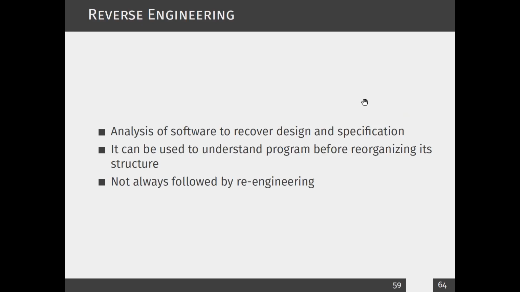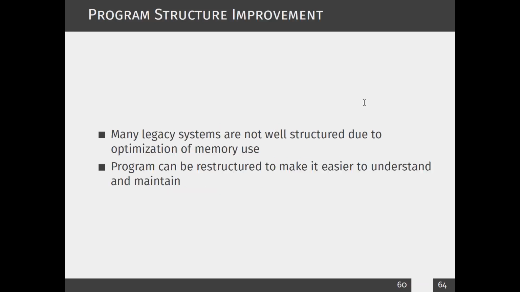Right. Now, reverse engineering: we talk about analysis of software to recover the design and the specification. It can be used to understand the program before restructuring it, but it is not always followed by revision.